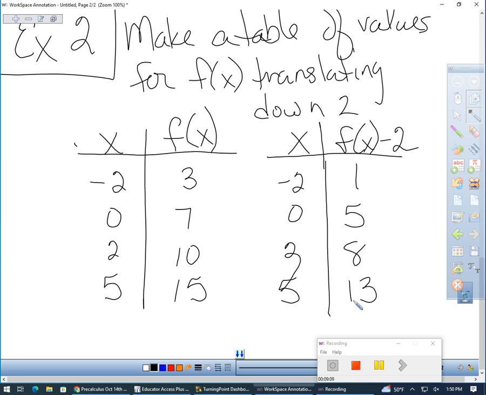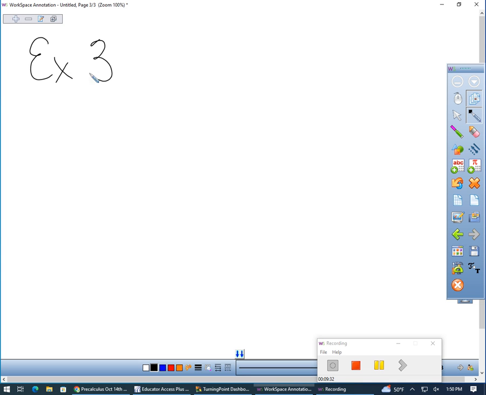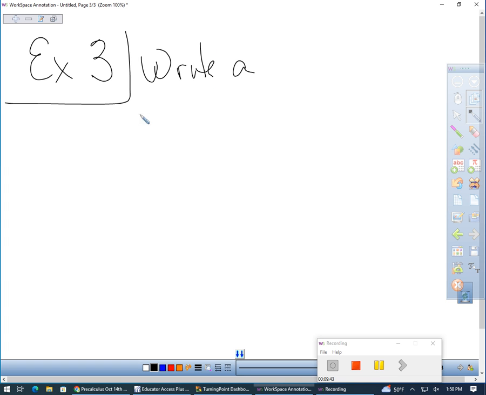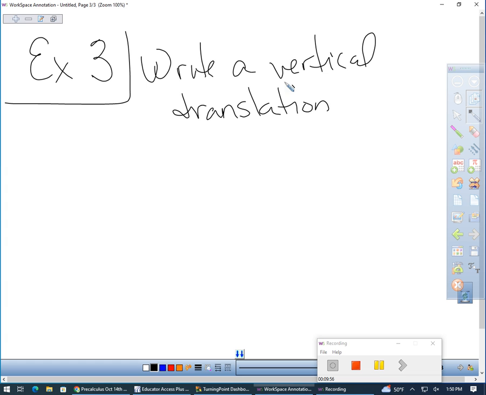Example number 3. You guys trust me. On example number 3, let's say, write a vertical translation of y equals f of x for, let's say, 7 units up.